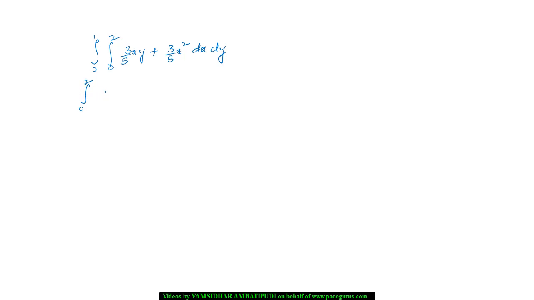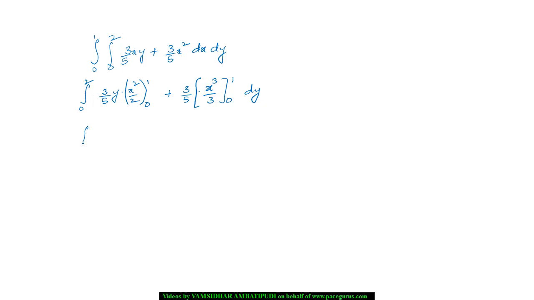So it becomes 3/5 y, and the integral of x is x²/2 integrated between 1 and 0, plus 3/5 x³/3, again integrated between 1 and 0, dy.